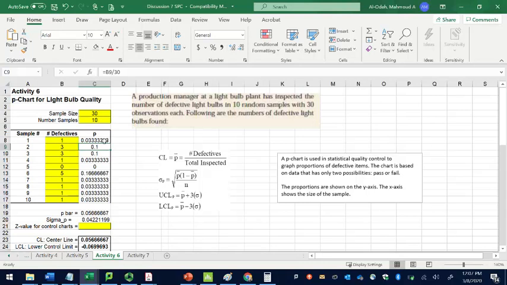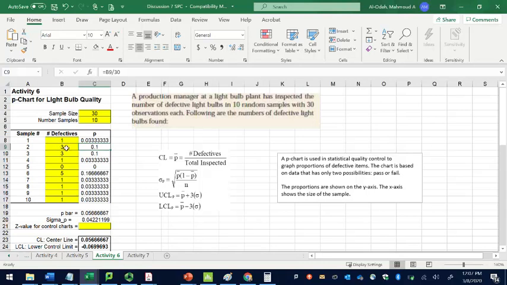Again, what is the p-value? It's the percentage of defective parts in each sample. You find the number of defectives in that sample divided by the total inspected in that specific sample.